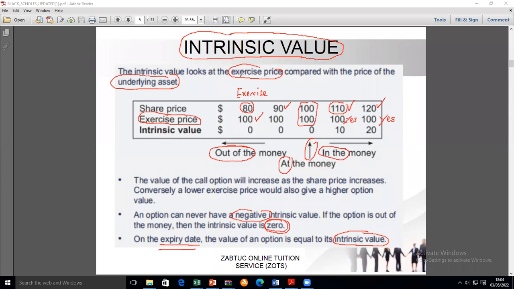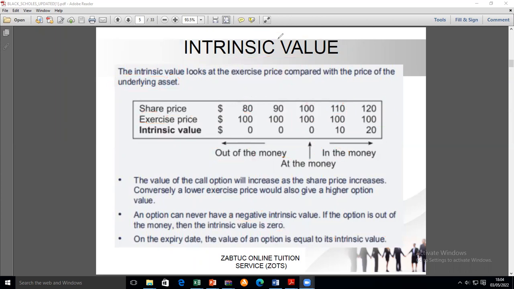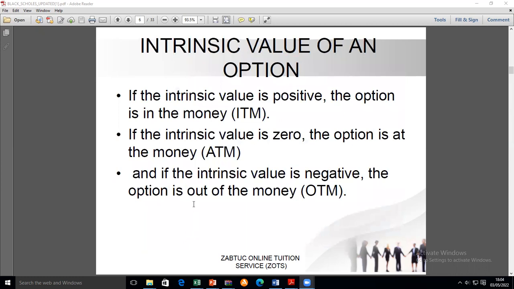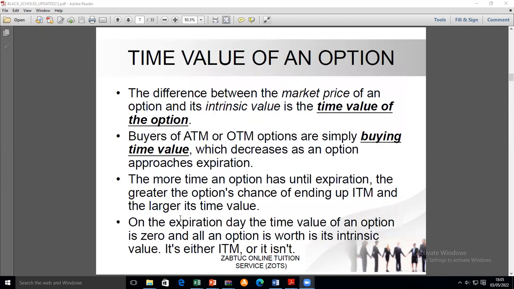But where does the time value come from? What of the time value component? So what's the time value of an option?